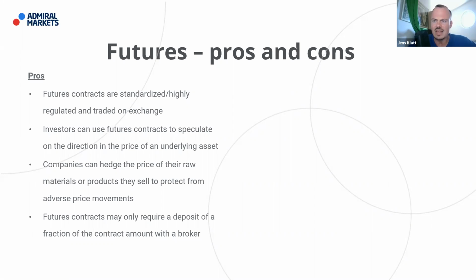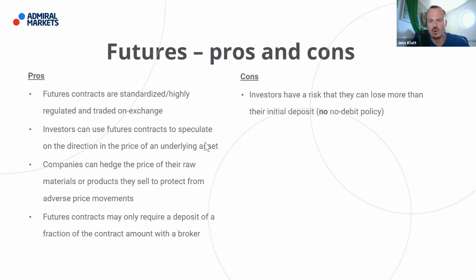So this is where we come to the cons. Investors not only have to deposit quite large amounts of money, but they also have large loss potential in terms of points, euro-wise, USD-wise, whatever.